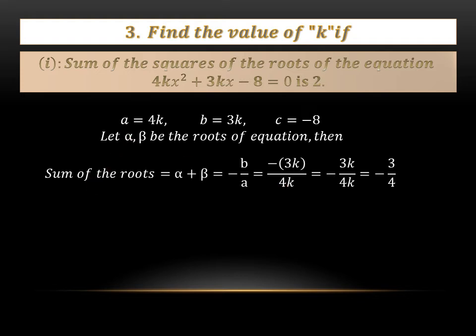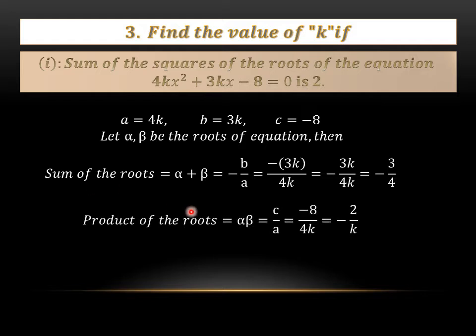Now finding the product of the roots, which is alpha multiplied by beta, the formula is c over a. Putting the values, c is minus 8 and a is 4k. Cancelling both with the table of 4, 4 1 times is 4 and 4 2 times is 8, so the answer will be minus 2 by k.